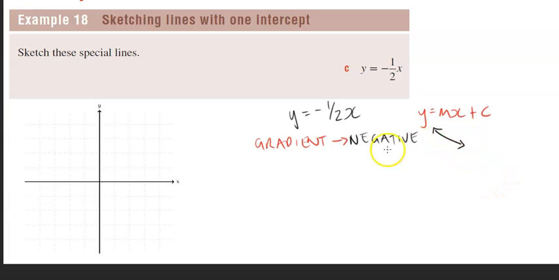The second thing from this gradient, it's that it is a fraction. It's a number that's less than 1. So this plays an important role in regards to its steepness or its slopeness. It's going to slope not as fast as a bigger number would, a number that's greater than 1.